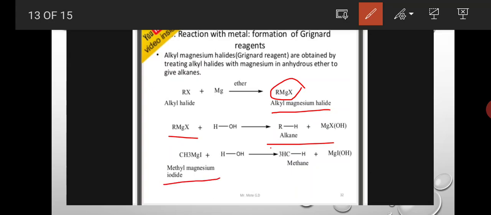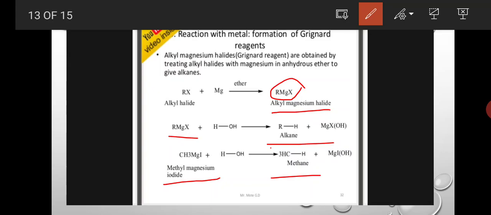Here we are taking methyl magnesium iodide. This is Grignard reagent. Example for Grignard reagent, methyl magnesium iodide reacts with H2O and forms methane CH4 plus magnesium hydroxy iodide. This is the reaction with metal or formation of Grignard reagent.